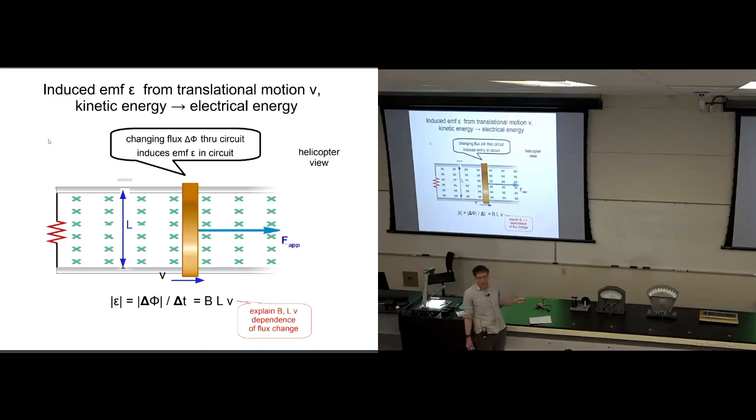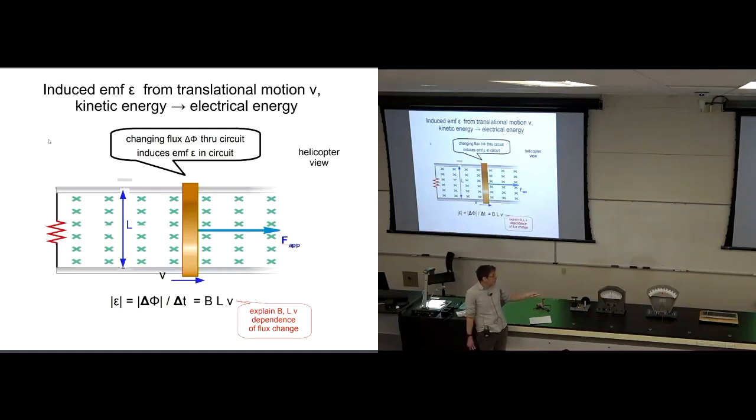If you've got a time rate of change of flux through the circuit, you're going to get an induced EMF. So we know that motion of the rod creates an induced EMF. And this equation here, this right-hand side, is Faraday's law of induction, which says that the rate of change of flux is the induced EMF, applied to this particular arrangement, this particular geometry.